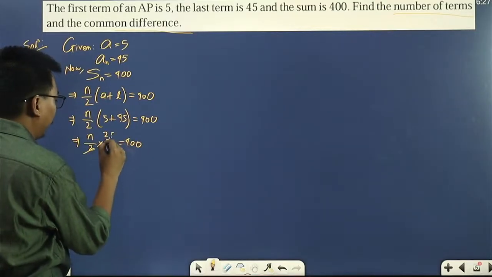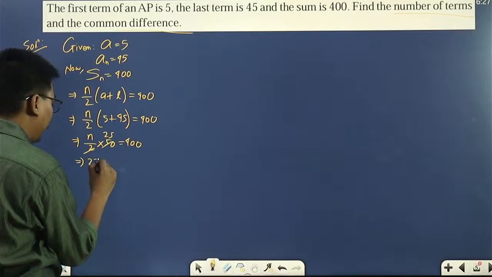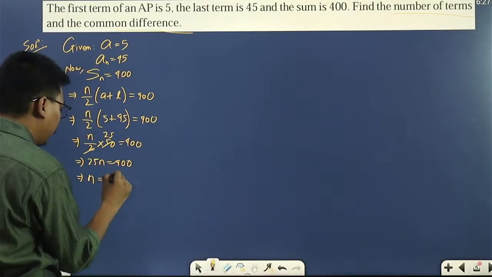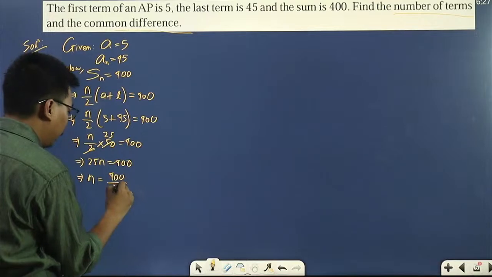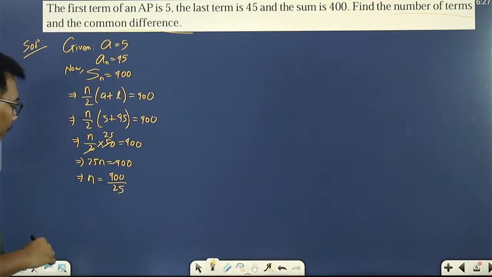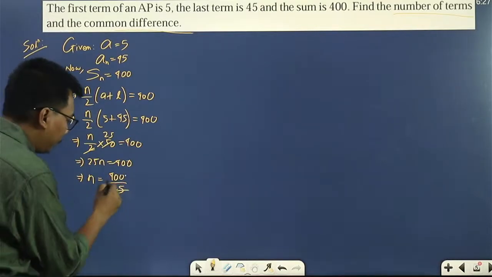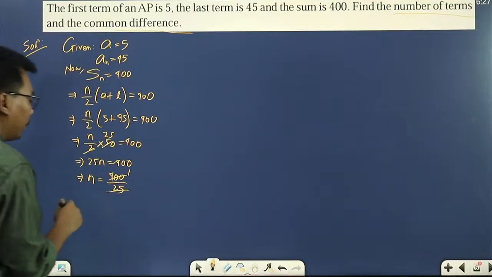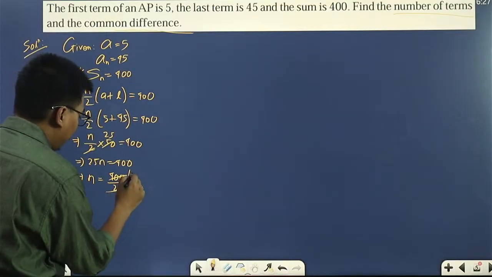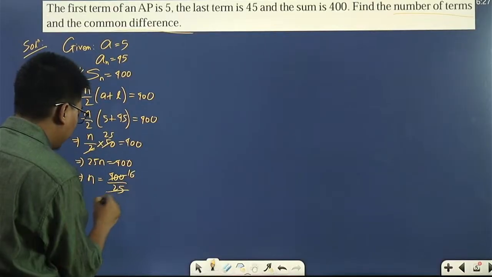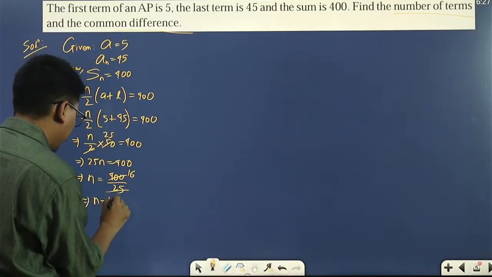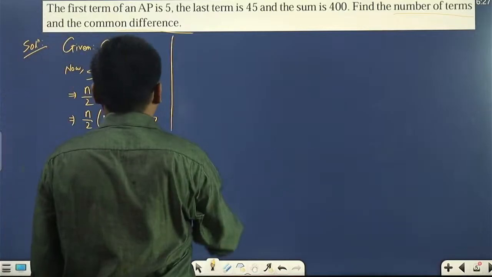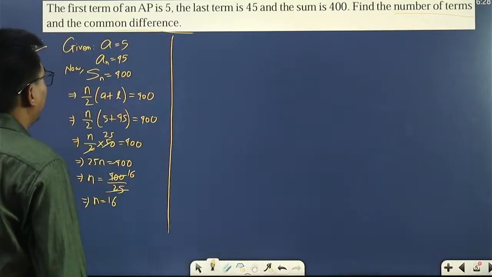This will get 25, so 25n is equal to 400. n is equal to 400 divided by 25. So n is equal to 16. 16 terms will be there.